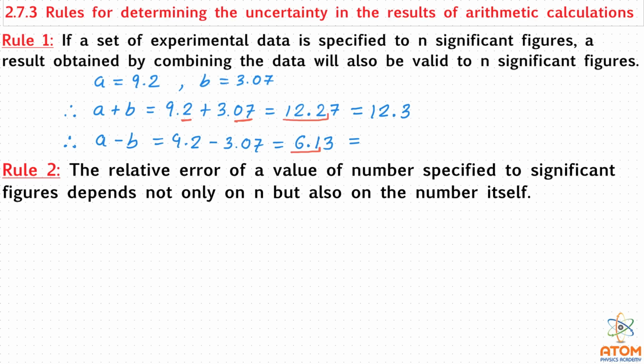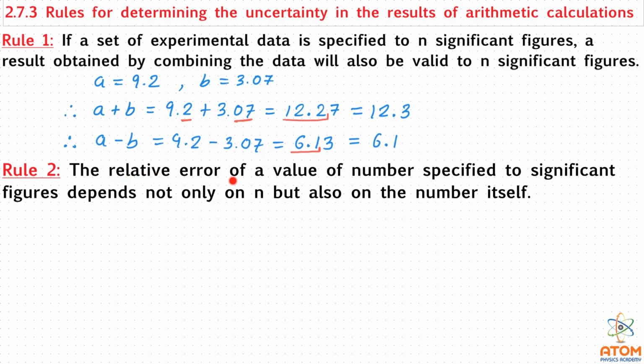In summation and subtraction, we consider the decimal place and not the total number of significant figures. So I am considering the least decimal place. The least decimal place is the first place, and so I have to reduce this answer to 6.1, because if I remove this 3, there will be no change in 1, so the answer will be 6.1 only.